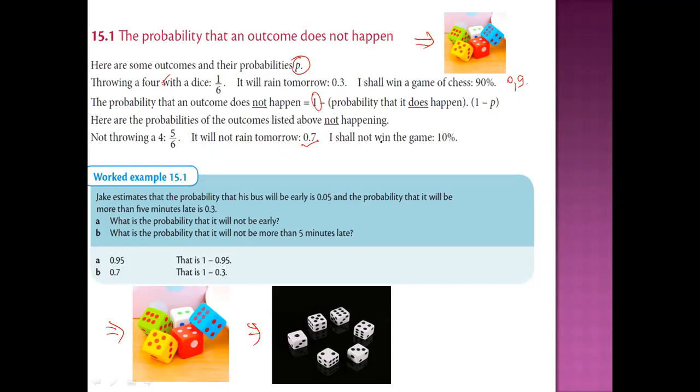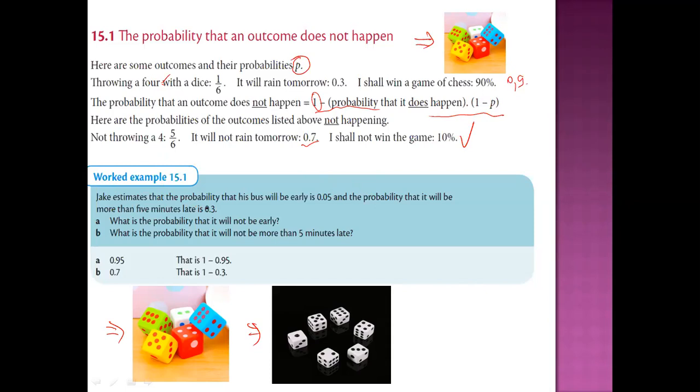And I shall not win the game is 10%, because I shall win a game of chess was 90%. That's why shall not win the game is exactly 10%. So the formula is here, don't forget: 1 minus probability is the probability that an outcome doesn't happen, okay?